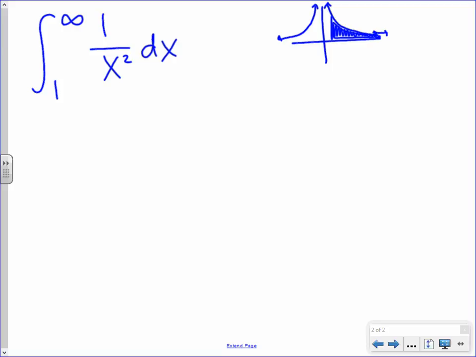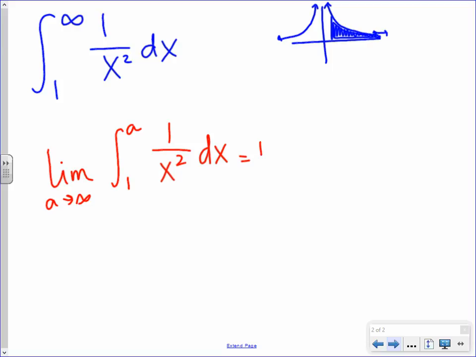All right, so first of all, is this a continuous function from 1 to infinity? Yeah. Sure is. Let's pick a letter to replace infinity with. A sounds great. And so we're going to write the limit as a approaches infinity of this.